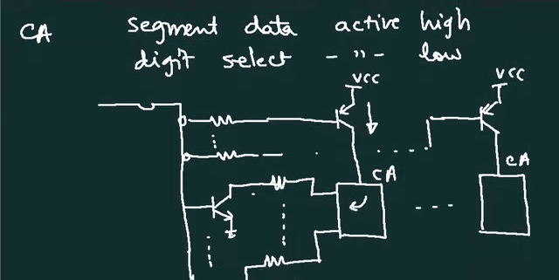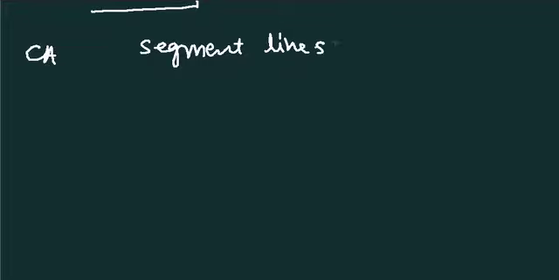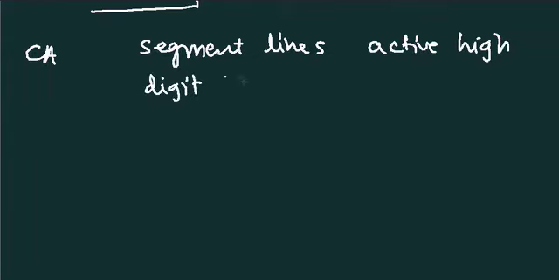Fine. So, we will go to common anode again, and then segment data lines are active high, and digit select lines are also high.